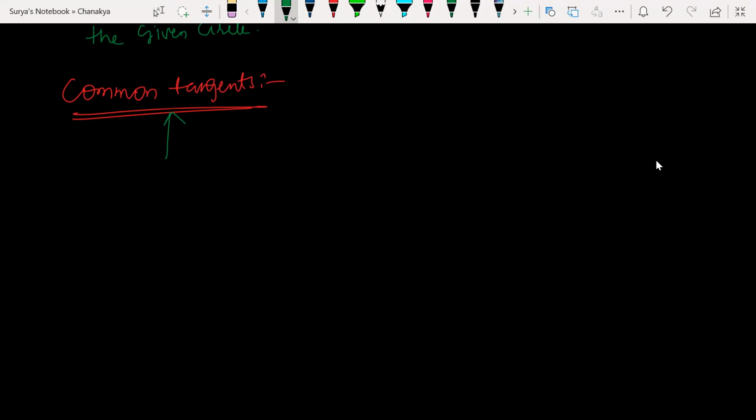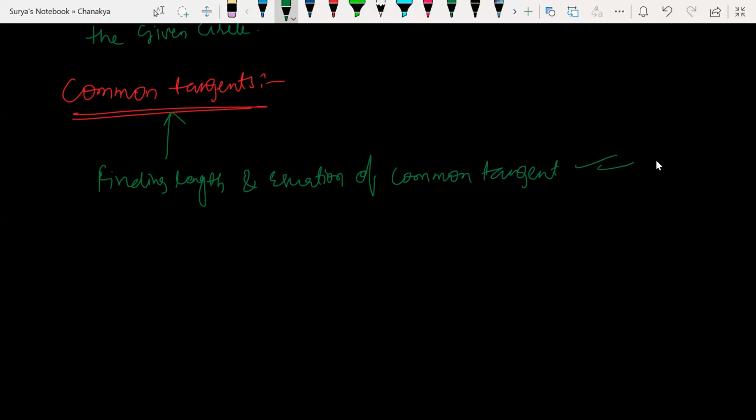And what we learn first is finding the length and equation of common tangents. How to find out the equations of common tangent, this is what we are going to learn. Clear?